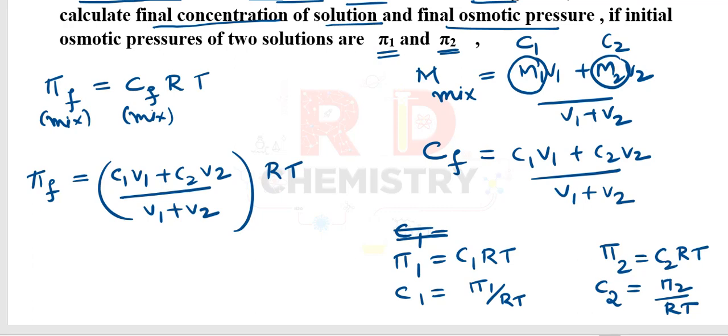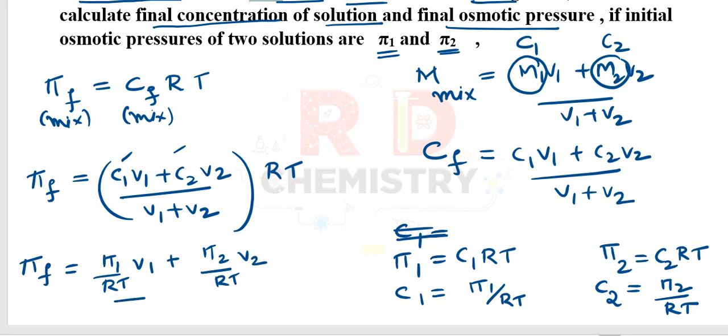Now, instead of writing C1, C2, I can write in terms of pi 1 and pi 2. So the osmotic pressure of the final solution is equal to pi 1 divided by RT into V1 plus pi 2 divided by RT into V2, whole divided by V1 plus V2, into RT, right, into RT.